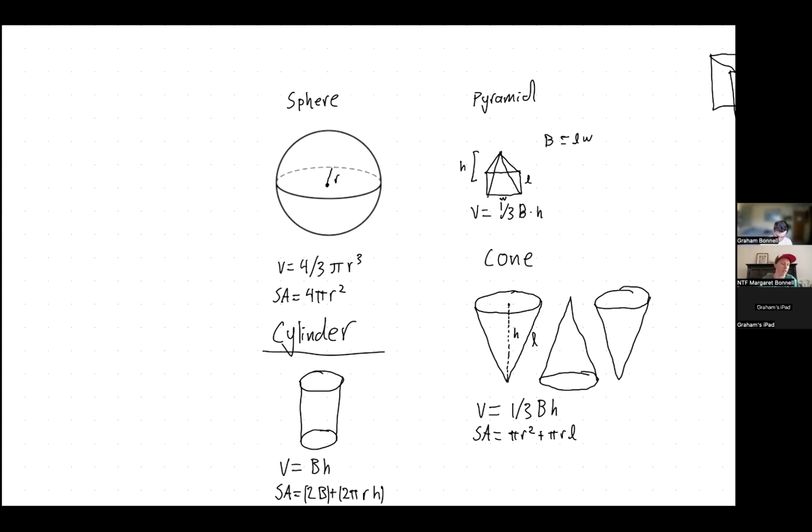Volume equals base times height with the capital B. But in this case, the base is a square, whereas with a cylinder, the base was a circle. So the area is not going to be pi r squared. The area is going to be length times width, or base, whatever letters you want to use, x times y.